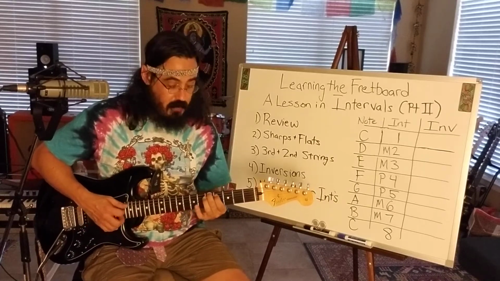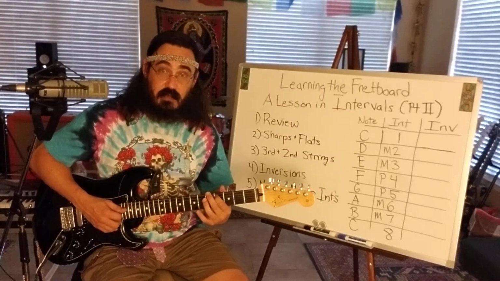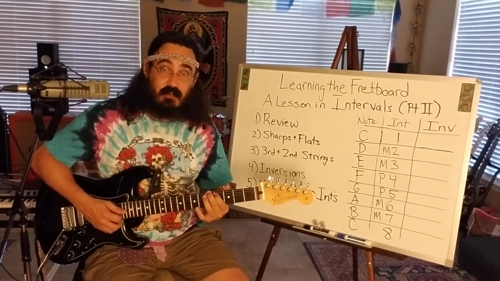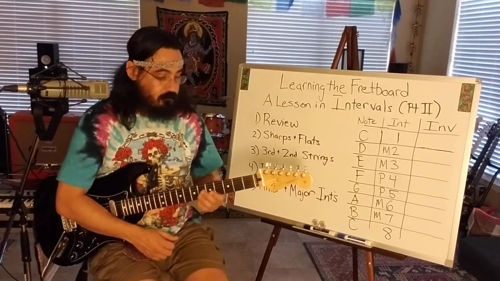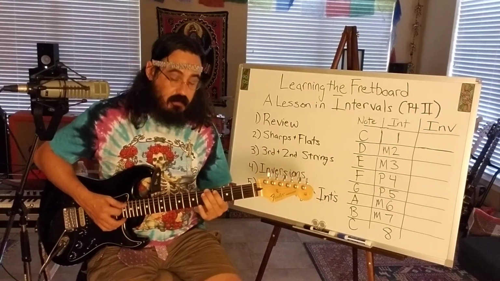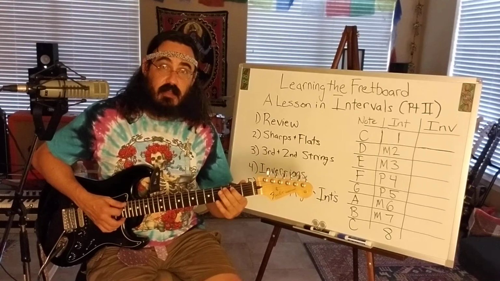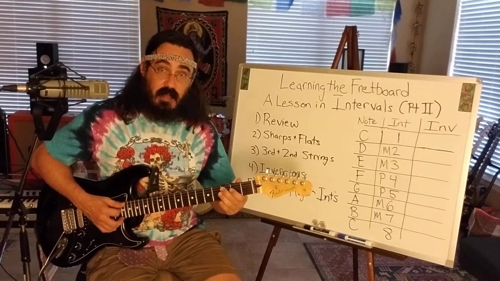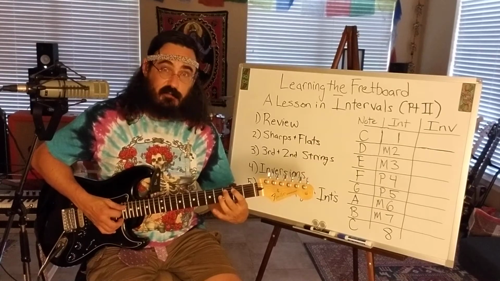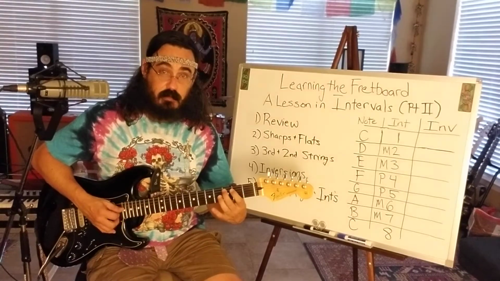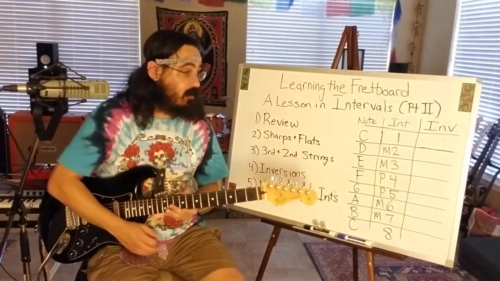Sixth string, fifth fret, fifth string, fourth fret. That is the interval of a third. So I can find the third by using that shape. Note, it's just 1 half step below the fourth. 1 fret difference between the third and the fourth, just like we talked about last week.